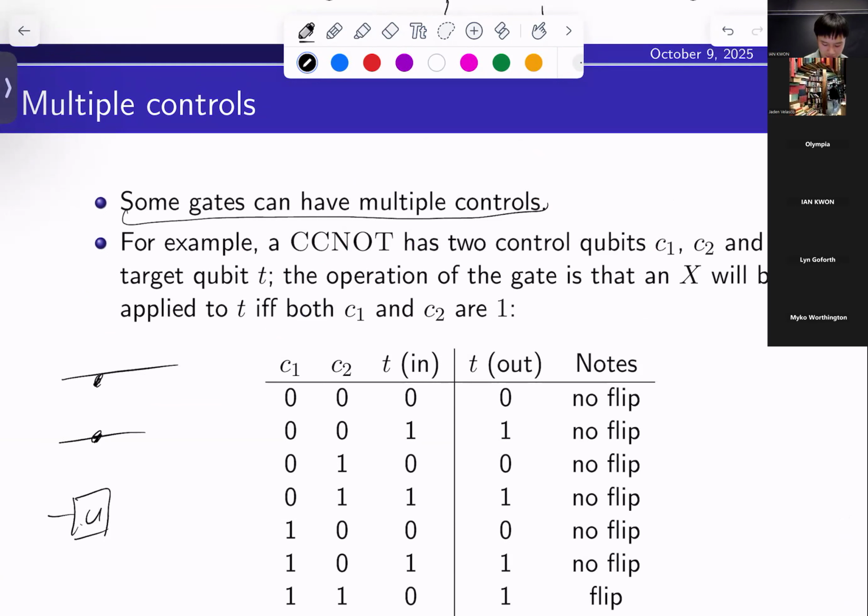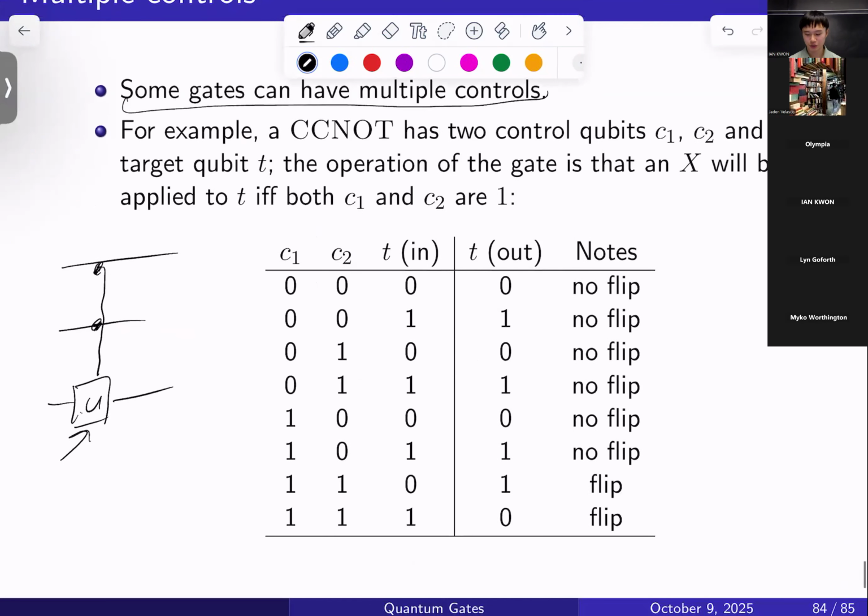So in this case, the natural generalization is you only apply the U if both of the controls are one, right? So just looking at this truth table, basically from classical or digital logic, it just refers to if you put in these inputs, what outputs do you get? That's all the truth table means.